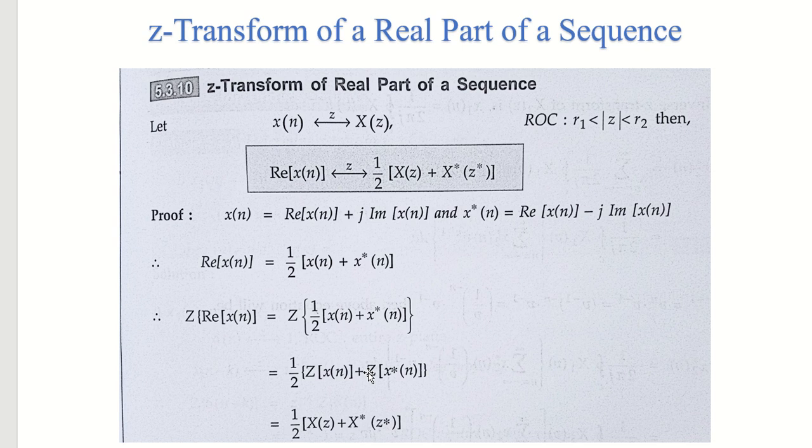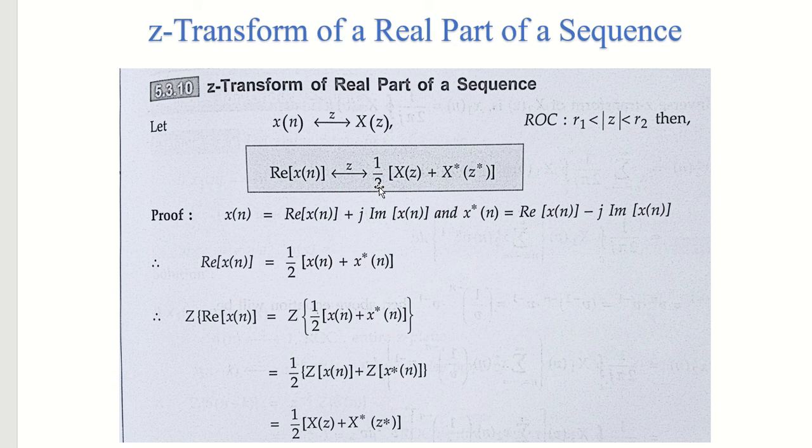Now the Z transform of my x of n will be x of z, basic, right? And in the previous property we saw the Z transform of x conjugate of n will be x conjugate of z conjugate. So it will be x conjugate of z conjugate, and that is your answer, right? Hence we have proved the Z transform of the real part of a sequence.